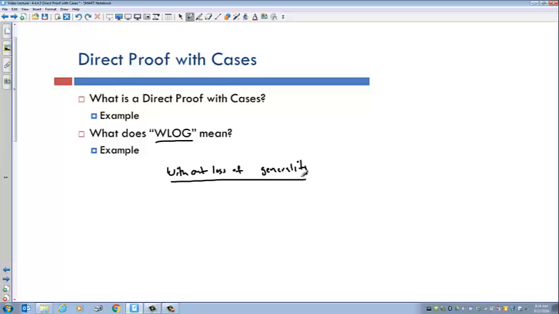We use this a lot in proofs, and the idea is that we use without loss of generality when, in some sense, if you're using 2 letters like x and y, and we want to prove something about x and y, but it really doesn't matter if x has that property or y has that property. So let me give you an example real quick. I think that's the best way to kind of see this.